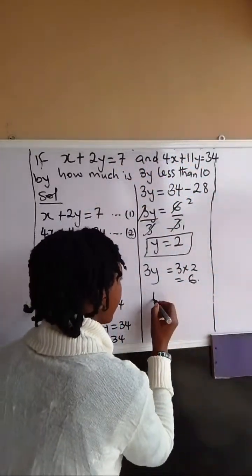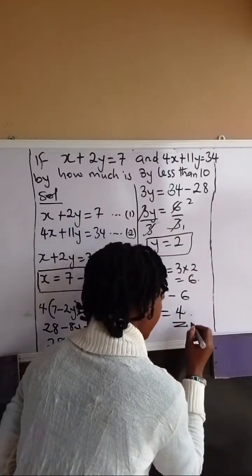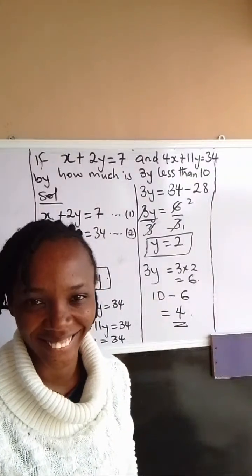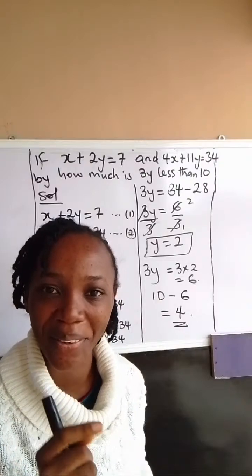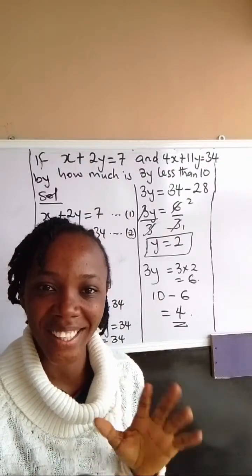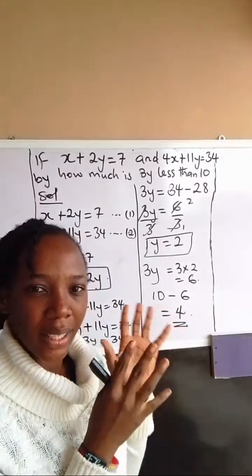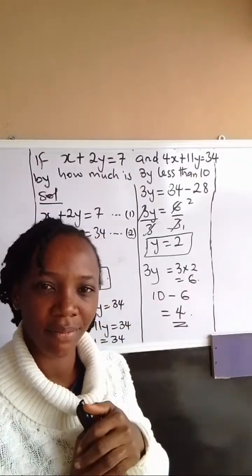That is 10 minus 6 to give us 4. It's a perfect 4 and not a negative 4. So that's the answer. Simple. That's why I said the other person who got minus 4 was close. So it's not minus 4, it's 4. So by 4, 3y is less than 10. Hope it's clear.